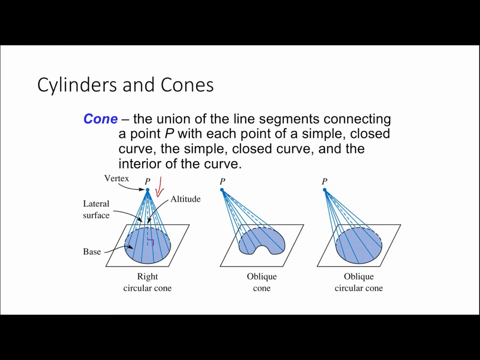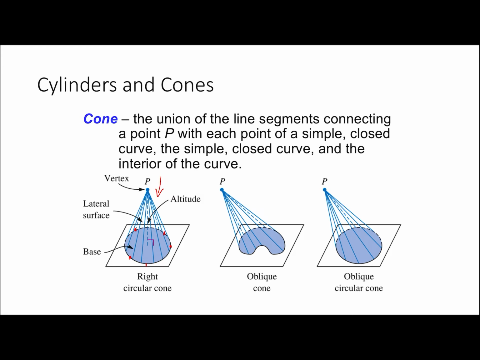You have a lateral surface that is not polygons. It's a smooth curve. The base is also a simple closed curve, but not a polygon. And then it has a vertex at the top. Notice in a pyramid, that point at the top is called the apex. In a cone, it's called the vertex because it's the only vertex.